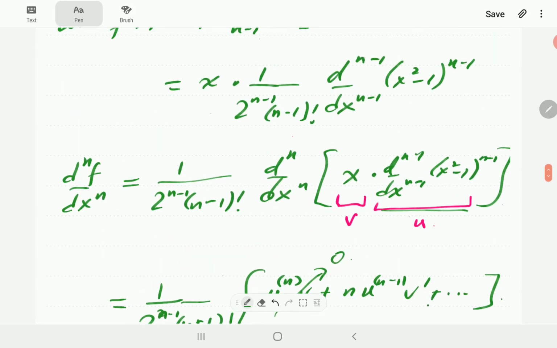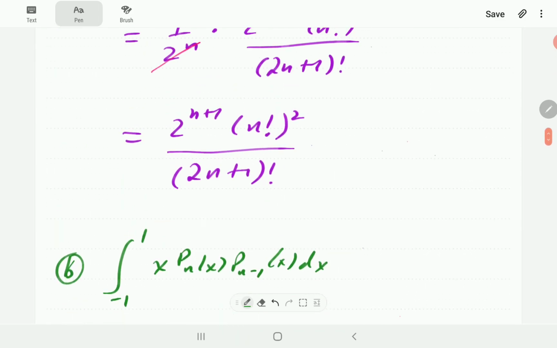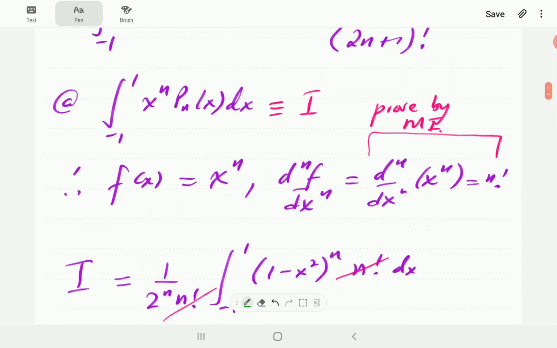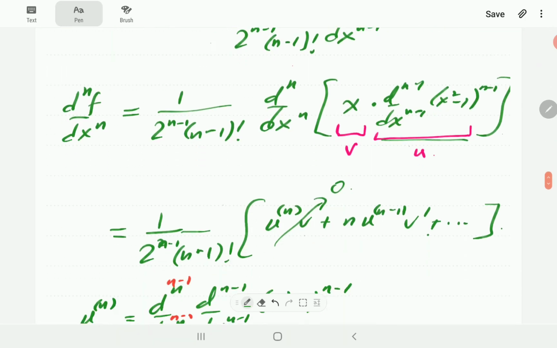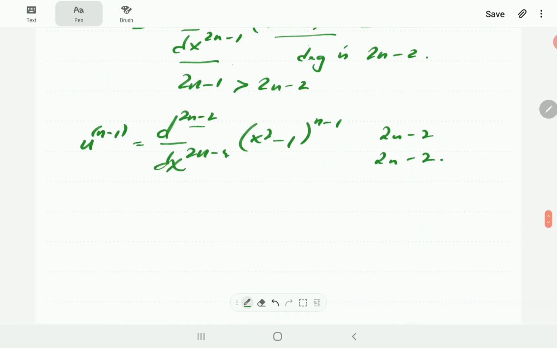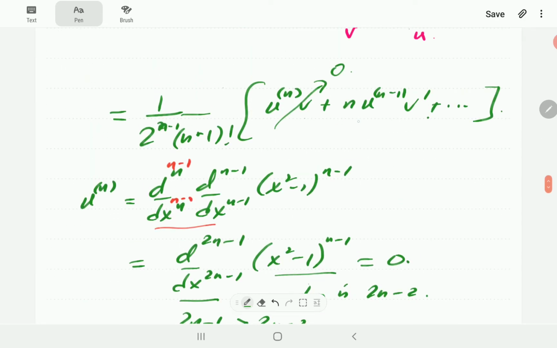So, by the same result that we stated earlier, that's simply going to be the factorial of the degree of the polynomial. So this is going to be 2n minus 2 factorial. So that means this term here is going to survive.